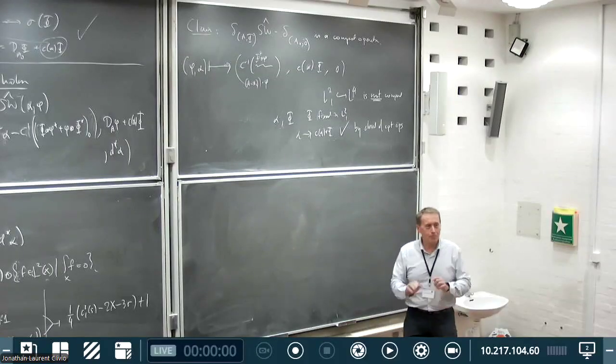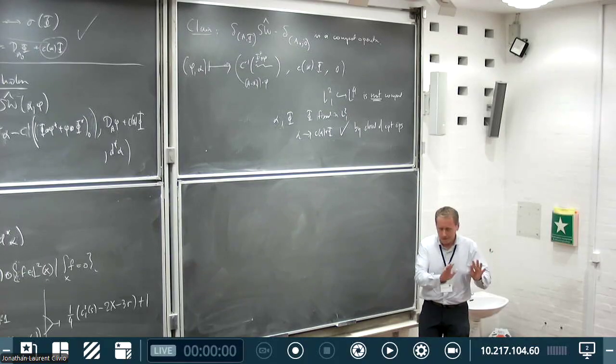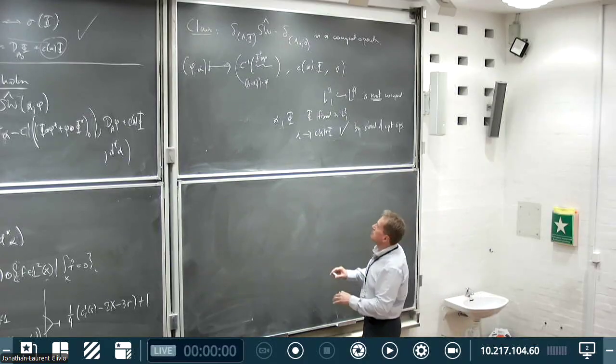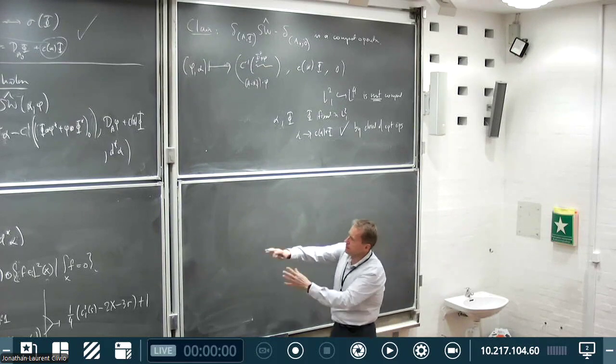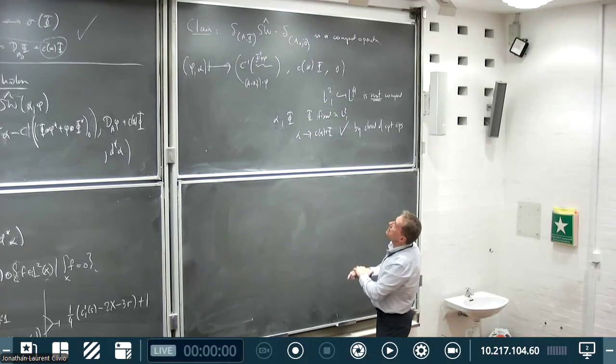I'm doing it by using a tiny bit of very basic functional analysis. You can thank me later. Otherwise you have to work with Sobolev spaces of higher regularity. Everything would have been much more messy. But it's all good.